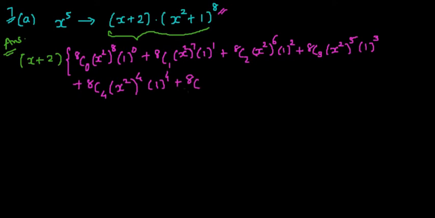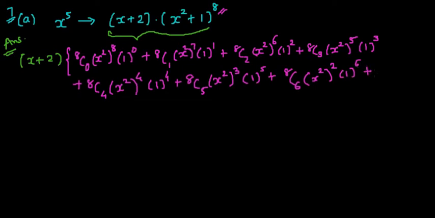It's going to be 8c5 here, not 3. 8c5, x square has 8 minus 5 is 3 power, and 1 raised to 5 power. Next will be 8c6, x square has 8 minus 6, that is 2 power, and 1 has 6 power.